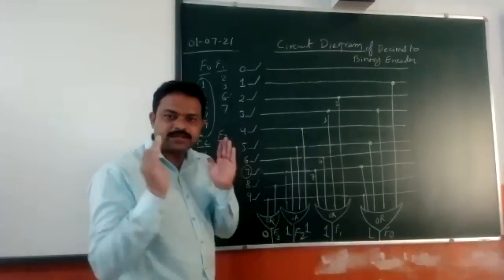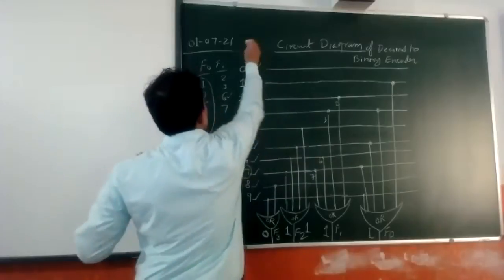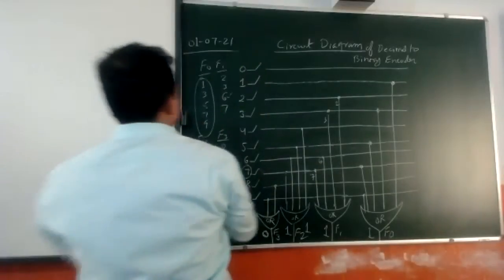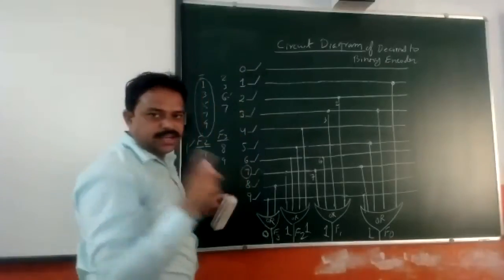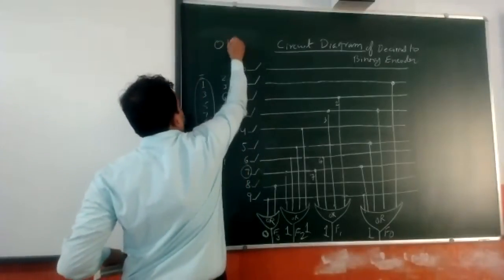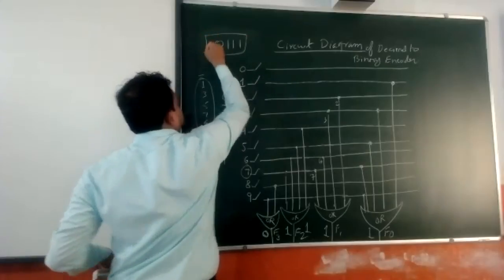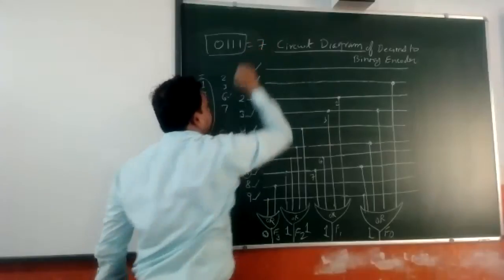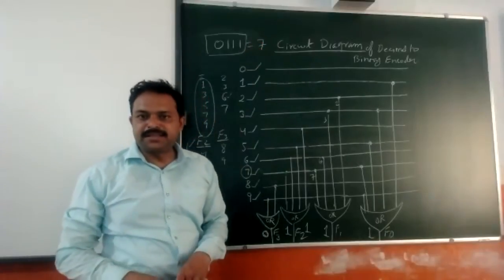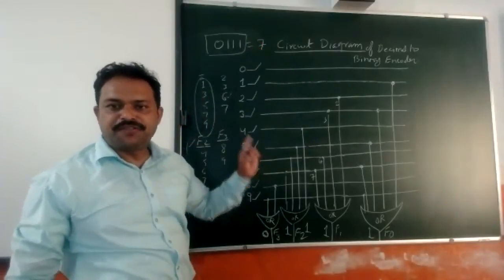What signal are you getting? 0, 1, 1, 1. It is nothing but the binary representation of 7.